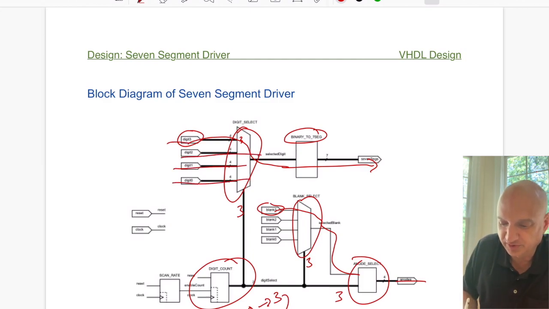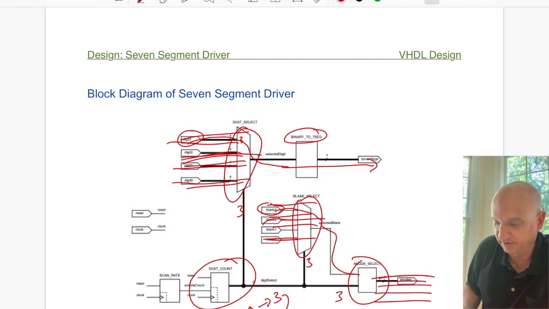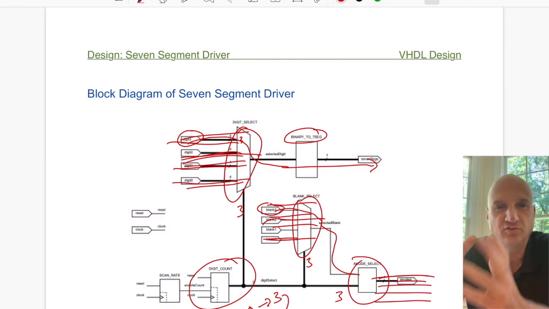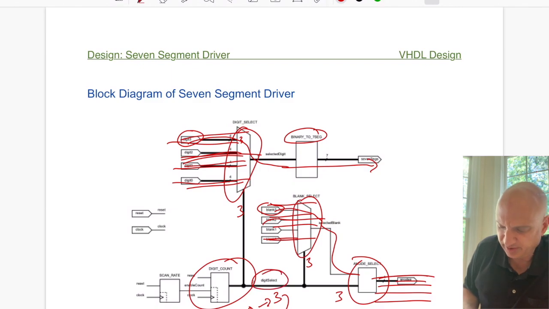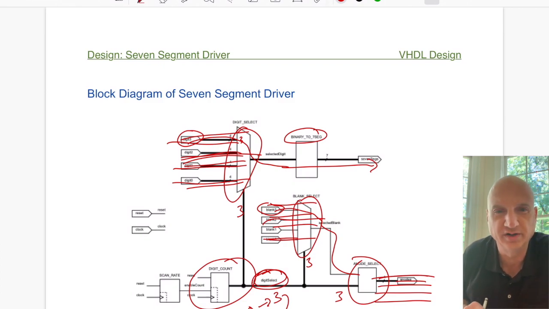It's constantly switching between these different inputs and simultaneously switching between the blanking inputs and simultaneously driving the appropriate anodes, all coordinated with this one signal here, digit select. Okay, so this is the one signal that coordinates the activity for all of these things.